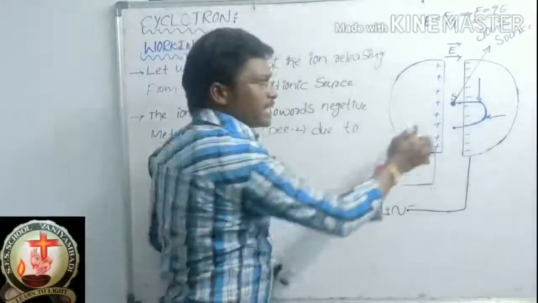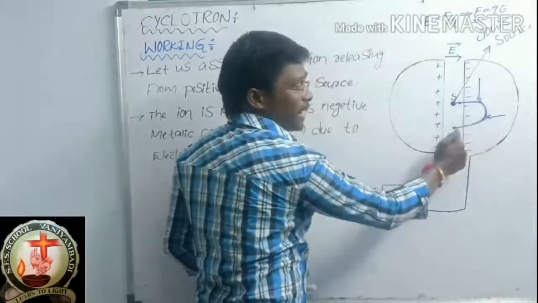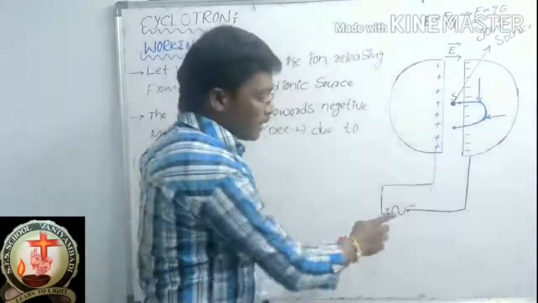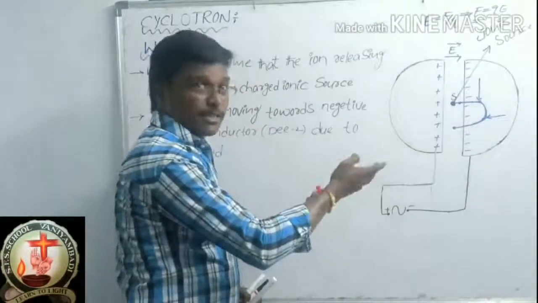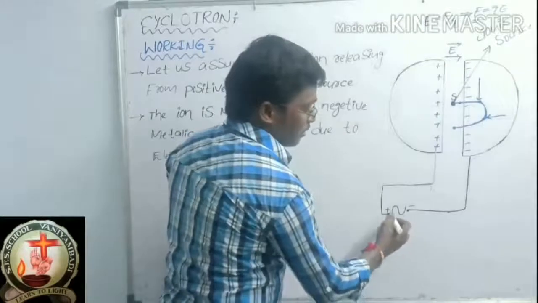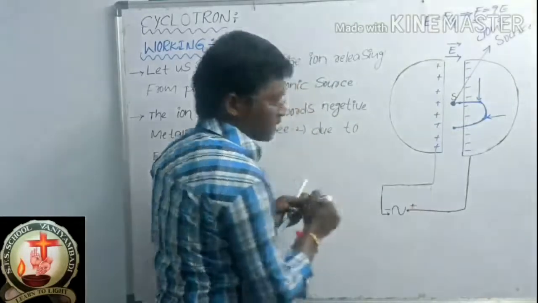When this charged particle comes back to this gap, this oscillator will be reversed. I told you already, this oscillator continuously changes. That means this value will be minus and this value will be plus.